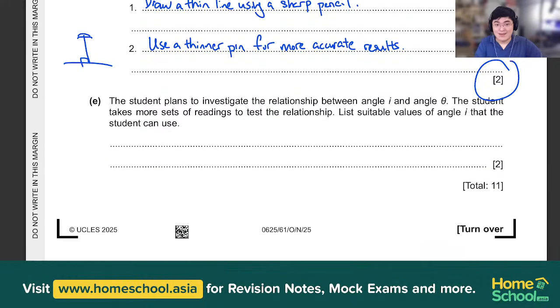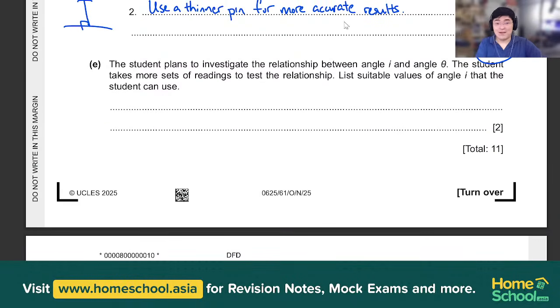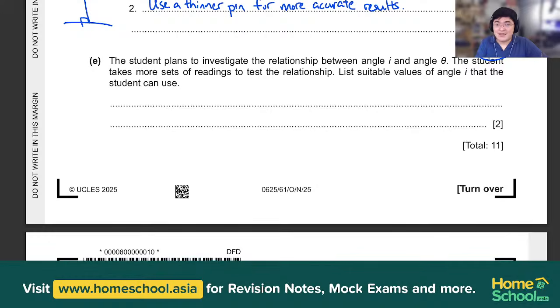Okay, now part E. The student plans to investigate the relationship between angle I and angle theta, and the student will take more sets of readings to test the relationship. So we are to list the values of angle I that the student can use. What are the values of I that you want the student to do?